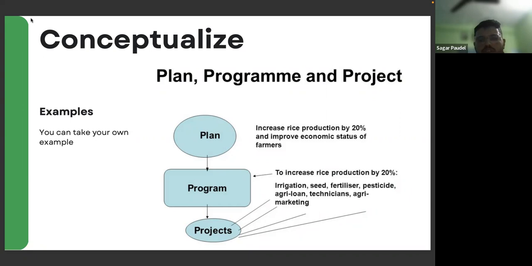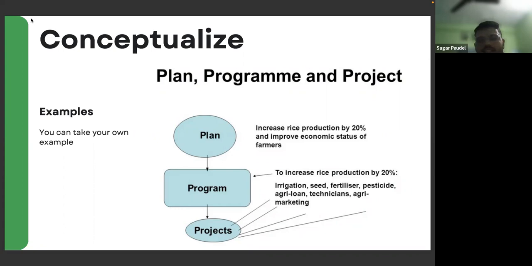Now the program. A combination of different programs can make the plan. By increasing rice production, we can improve the economic status of the farmer, or by increasing the efficiency of water or anything like that, we can improve it or reduce poverty too. So this is about the program. And next is the project. A program has different projects.